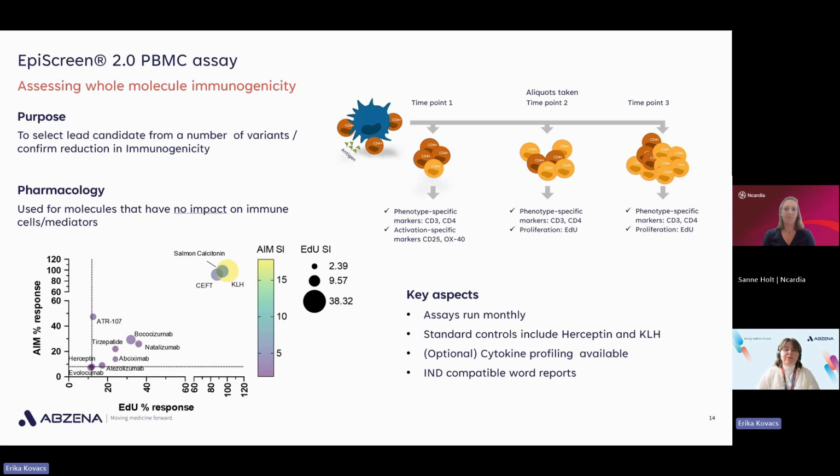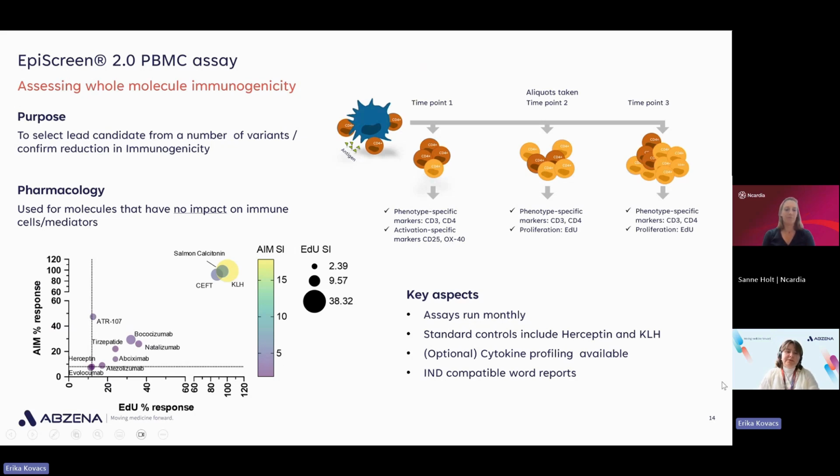The real power of flow cytometry is that you get quite a lot of information out of this. You really understand how your cell population is behaving, and you obtain graphs such as shown here at the bottom left, where you have the marker response on the y-axis, the proliferation response on the x-axis, and also incorporated is the information based on the stimulation index.